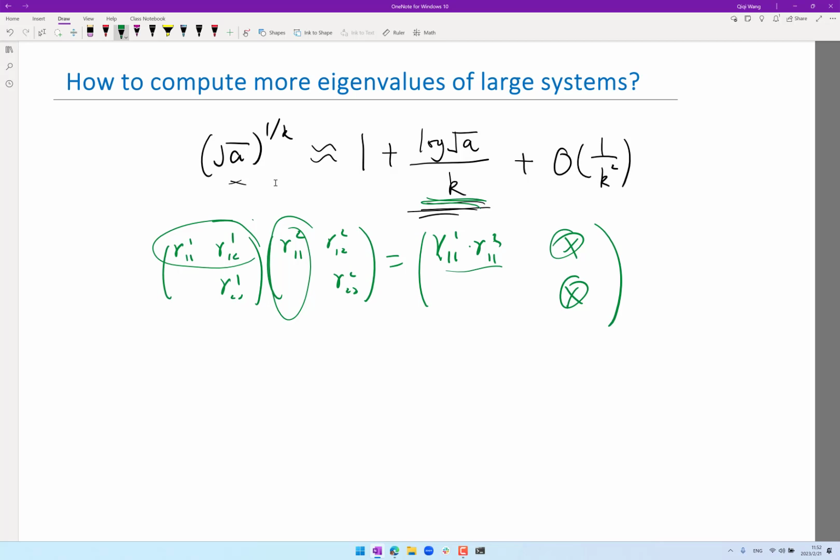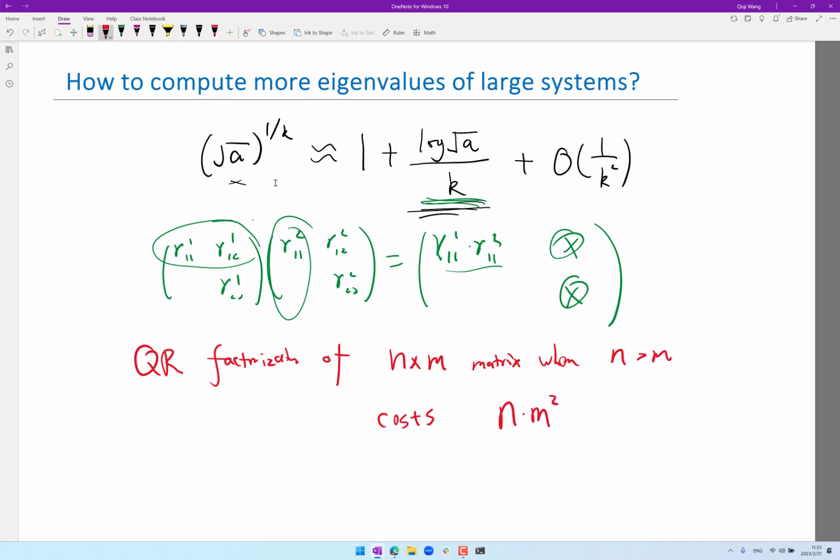All right, so when n goes to very large and you only care about the first few eigenvectors, then the QR factorization of an n by 2 matrix, or let's say an n by m matrix. Okay, so let me actually write this down. QR factorization of an n by m matrix, when n is greater than m, costs n times m squared operations.